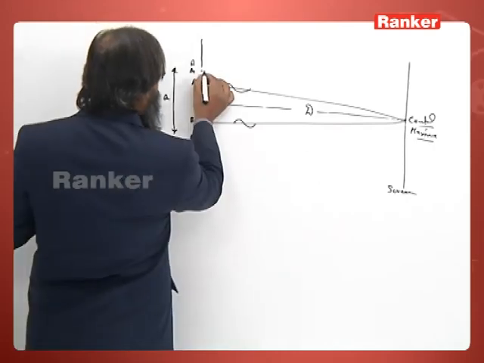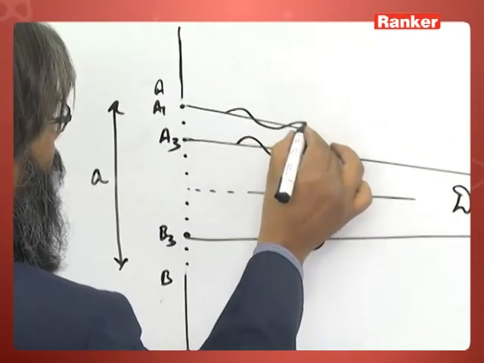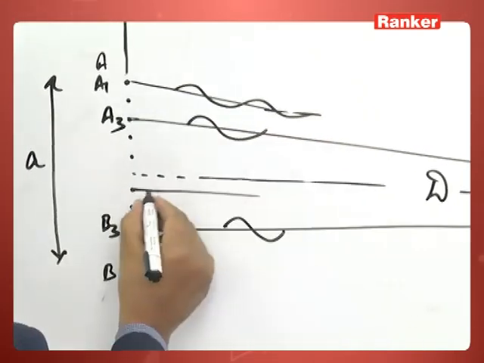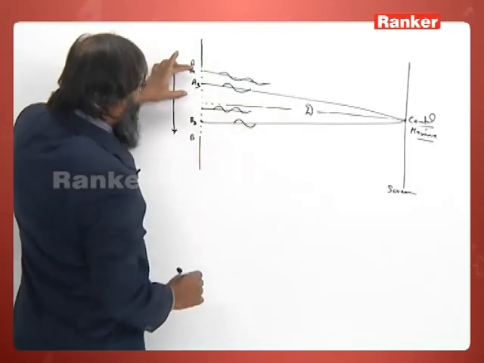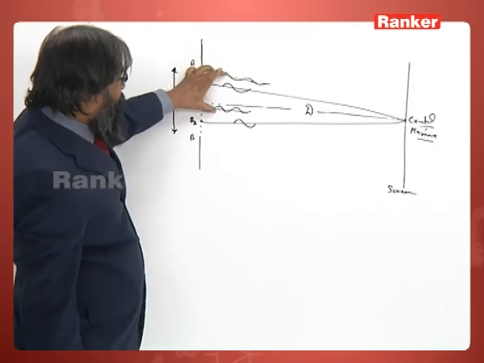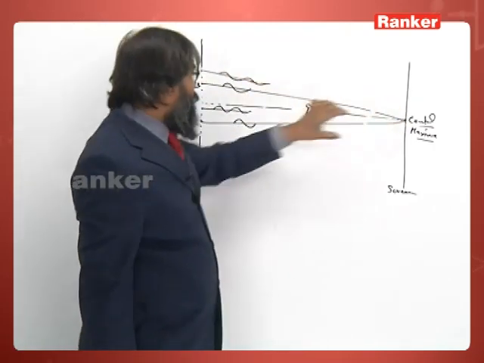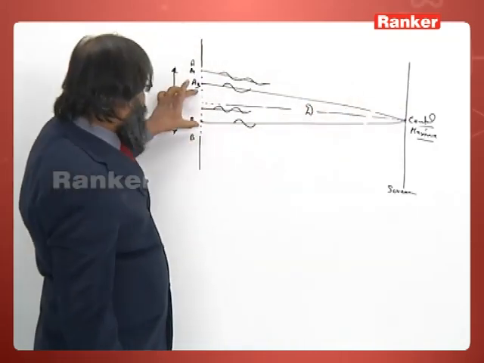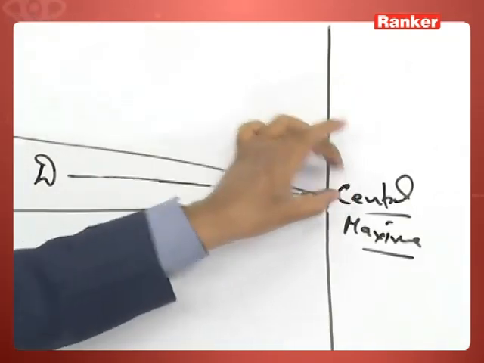What about A1? The A1 wave is also going on and there is again a B1. A1 is in phase with B1, so A1 and B1 have constructive interference. A2, B2 constructive interference. A3, B3 constructive interference.